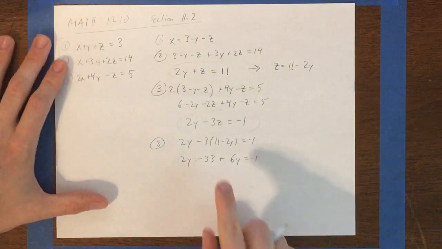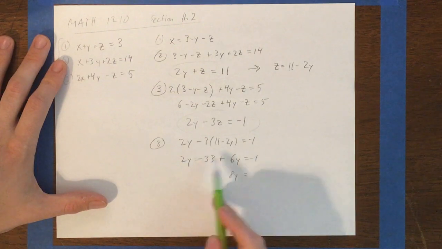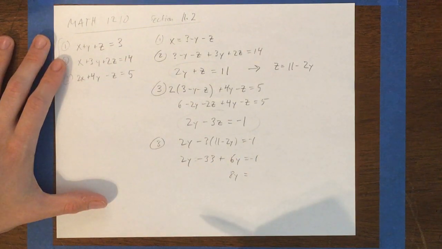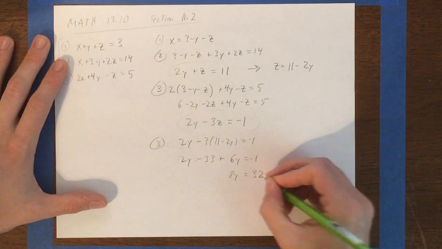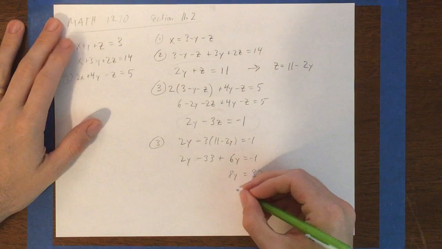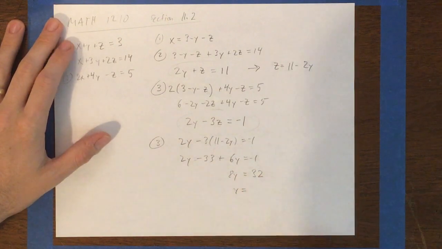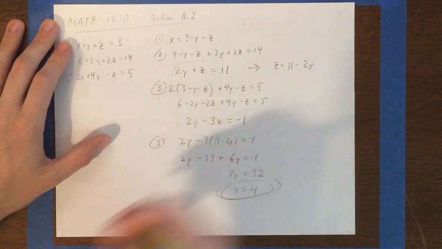All right, we're close. 2y plus 6y is 8y. And if I add 33 to both sides, negative 1 plus 33 gives me 32. So 32 is a multiple of 8, right? That's 4 times 8? Gosh, my mental arithmetic is awful. So divide both sides by 8, we have y equals 4, and we are on a roll.